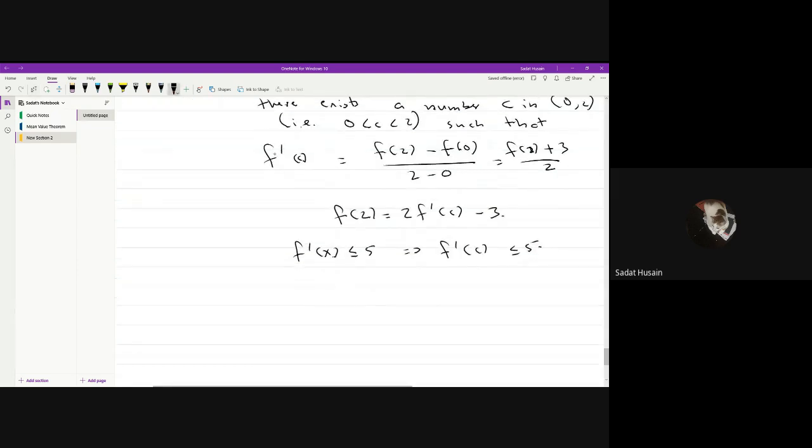That means f of 2, which is equal to 2f prime of c minus 3, has to be less than or equal to 2 times 5 minus 3, which is 7. So we know that f of 2 is less than or equal to 7.